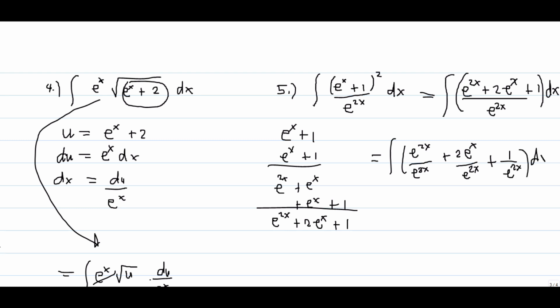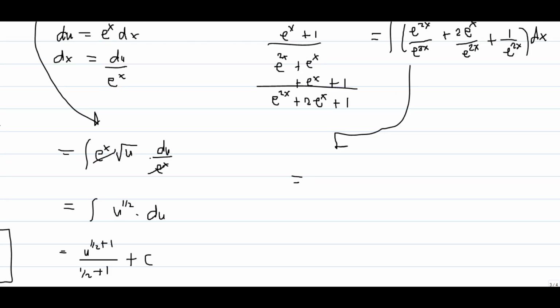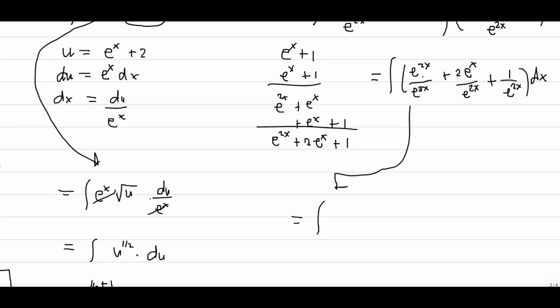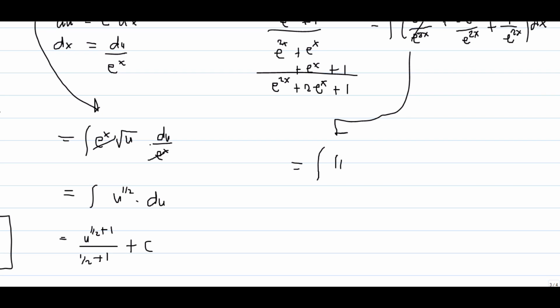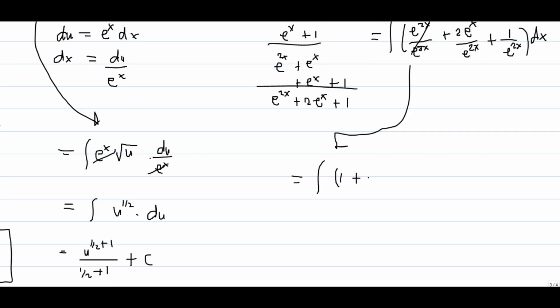So that is equal to the integral of, this can be cancelled, 1, then plus 2 e to the power x over e to the power 2x, so that is 2 e to the power negative x, so plus e to the power negative 2x, then dx.